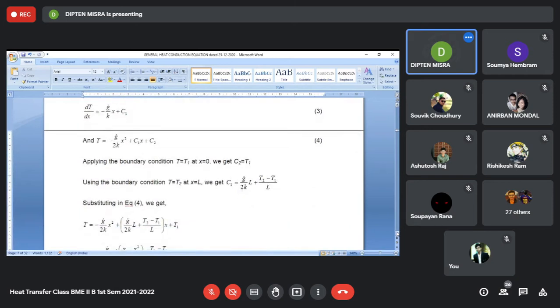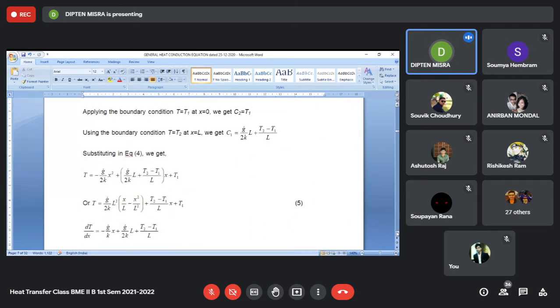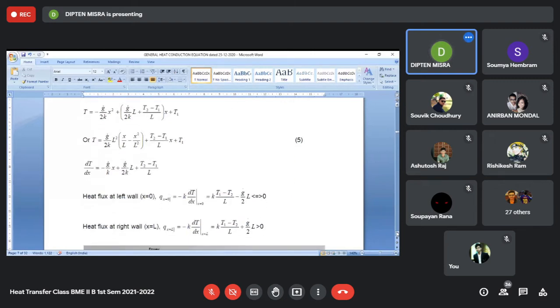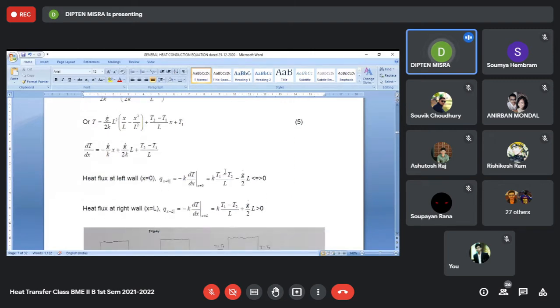Now, there is something more to be discussed about these results. Once you find out the heat flux, what will be the heat transfer rate from the left side of the wall? That will simply be the heat flux, which is constant throughout the left side of the wall. It is not a function of y, and it is not a function of z. So at any point on the left side of the wall, the same heat flux prevails.